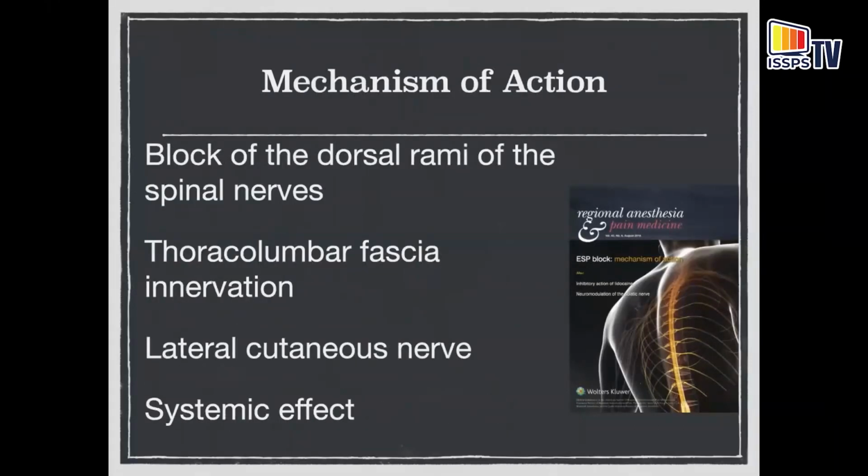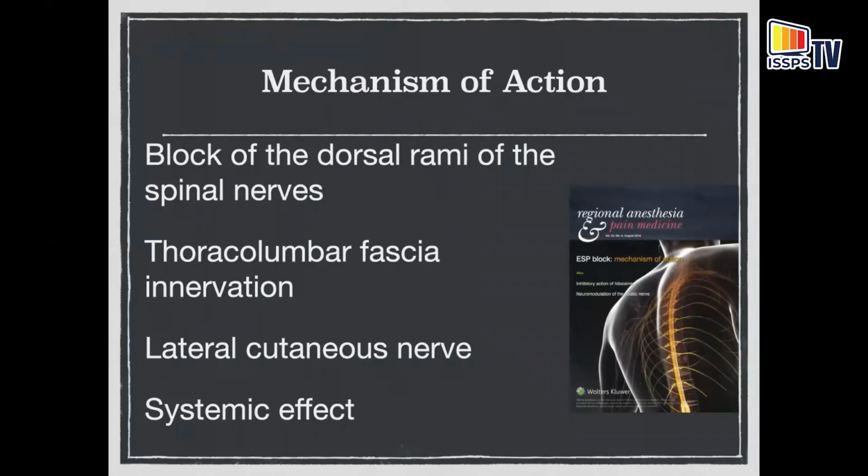So what is the mechanism of action? As I've already alluded to, I'm confident the Erector Spinae block is a block of the dorsal rami of the spinal nerves. So it's going to be effective for treating conditions and surgeries that involve the dorsal rami. Perhaps the local anesthetic injected in this location has an impact on the thoracolumbar fascia, which, as we know, is richly innervated, and somehow that may have some positive effect on, or be related in some way to, the mechanism of action.